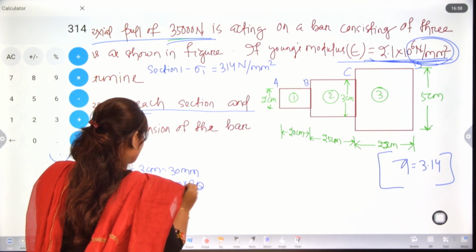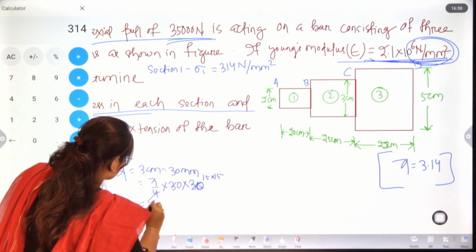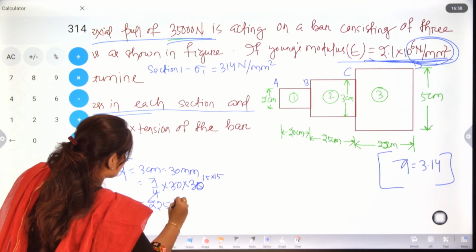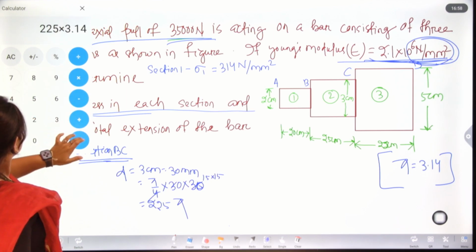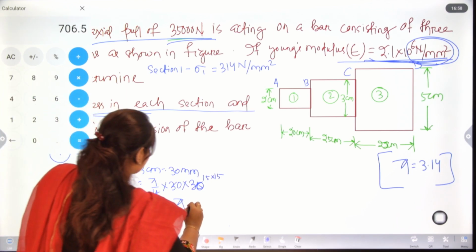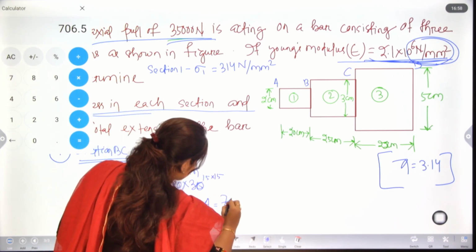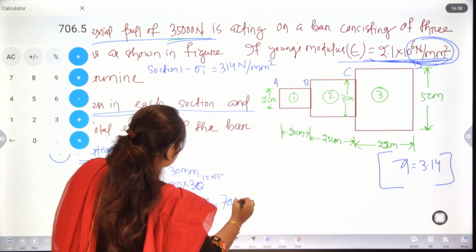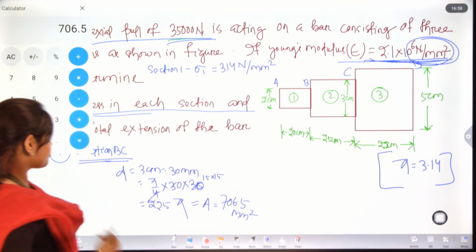Here 225 pi. Here your area will become 706.5 mm square.